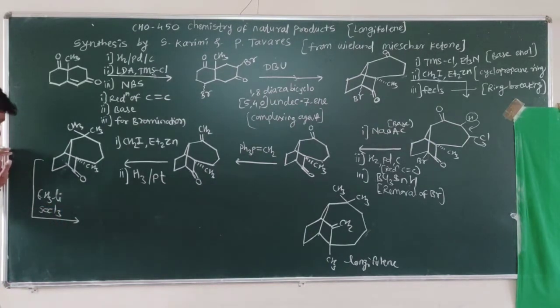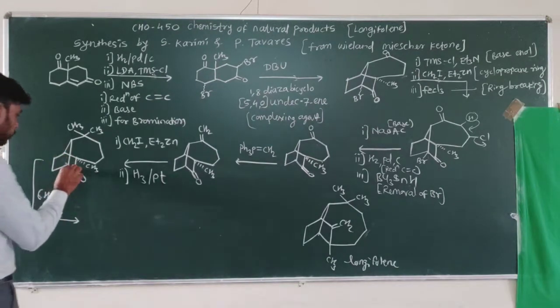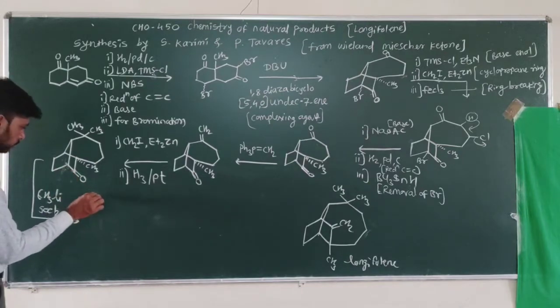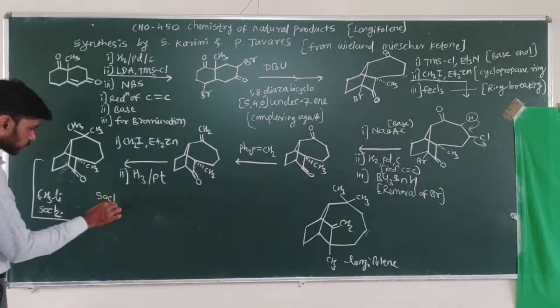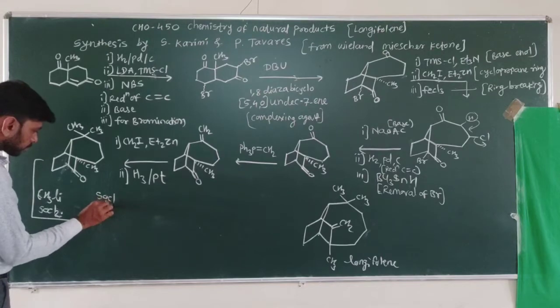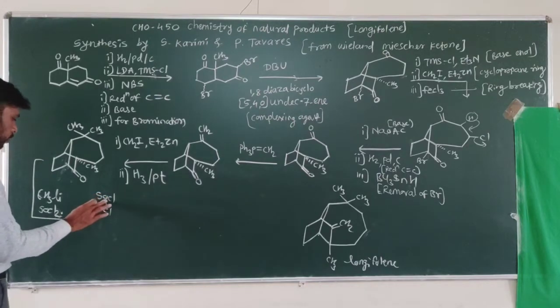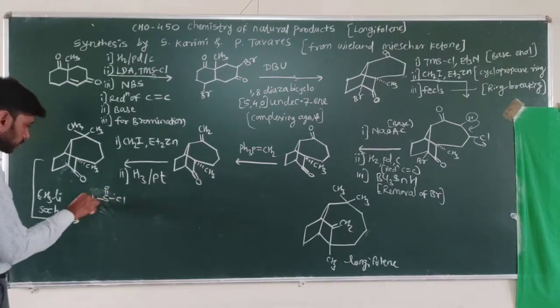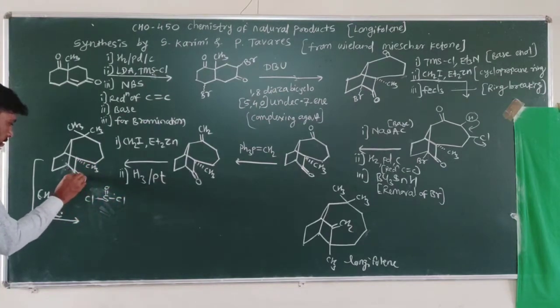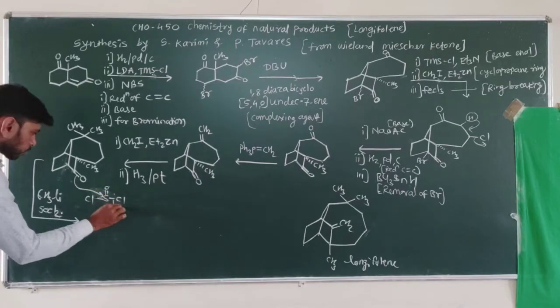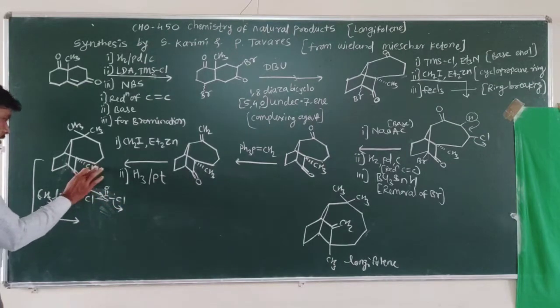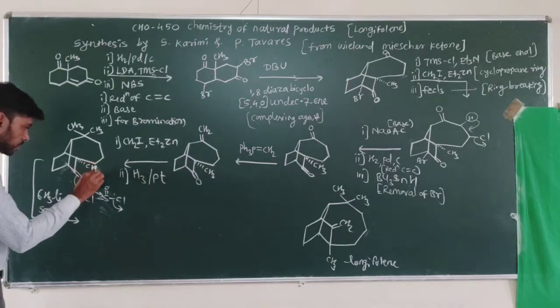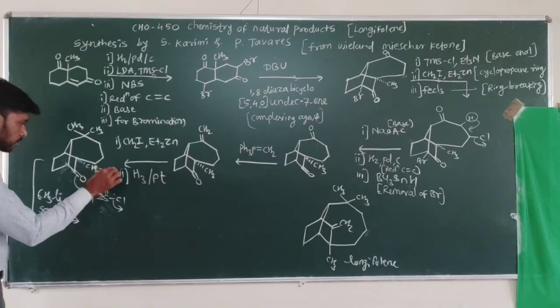For this purpose, first SOCl2 is used. So here at this stage, SOCl2. Now at this stage, removal of one of the Cl minus, so that the base removes a proton.